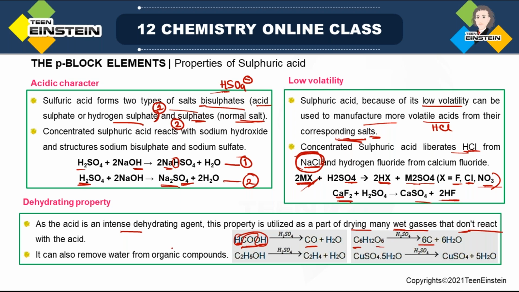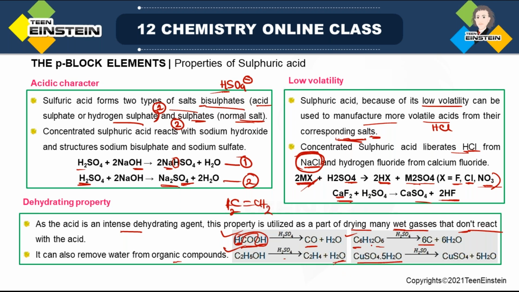All these are basically organic compounds, right? Formic acid, glucose, ethanol. These three examples are organic compounds. Ethanol in the presence of H2SO4 is now converted to C2H4. C2H4 means ethylene. This is C2H4, if you remove water from ethanol.